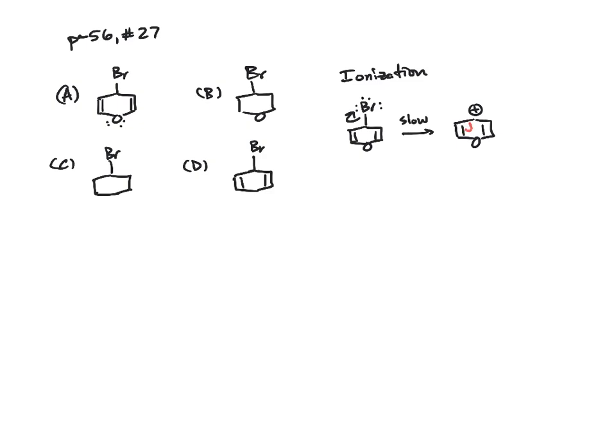So this has a resonance form. And now it has another resonance form where the oxygen can donate in. Draw that in red as well. And so the more resonance forms you have for something, the more stabilized it is.